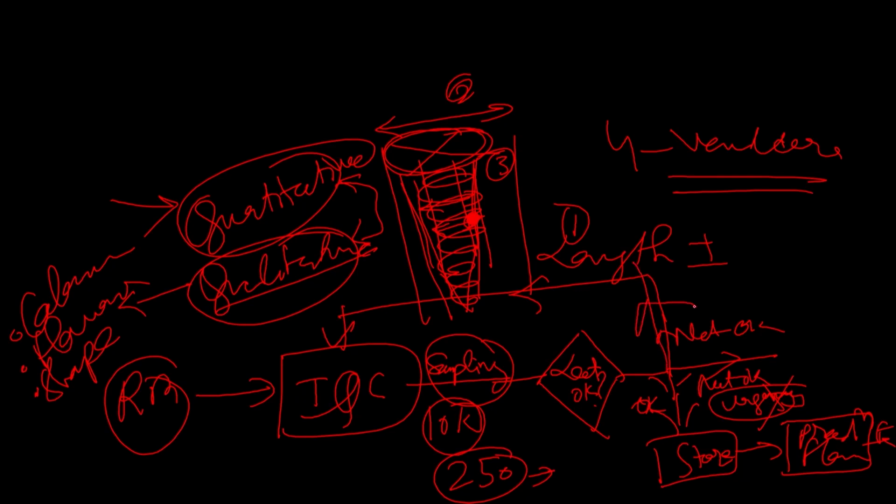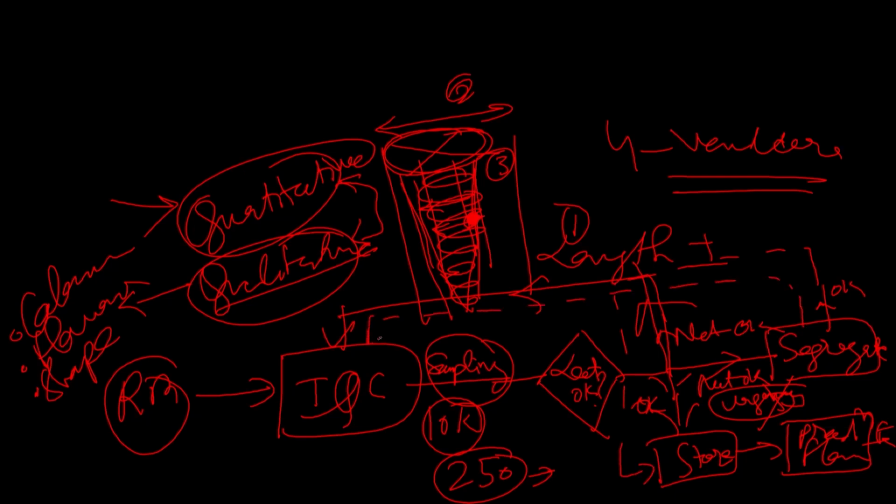So what option will you pick at that time? Maybe you will segregate at your own end, and whatever is okay, you will move to the store, and whatever is rejected, you will move back to the raw material supplier. So that means the third option is segregation.